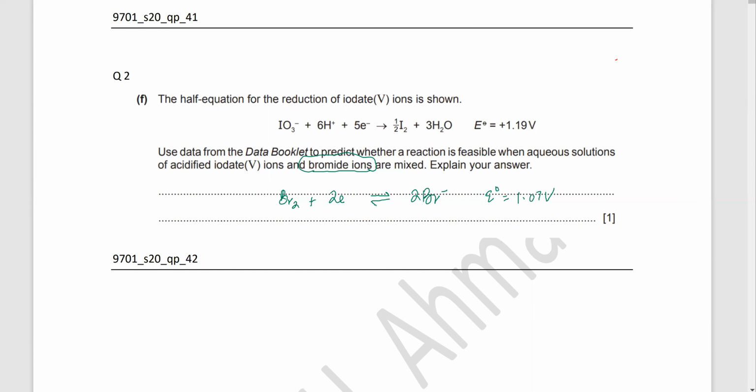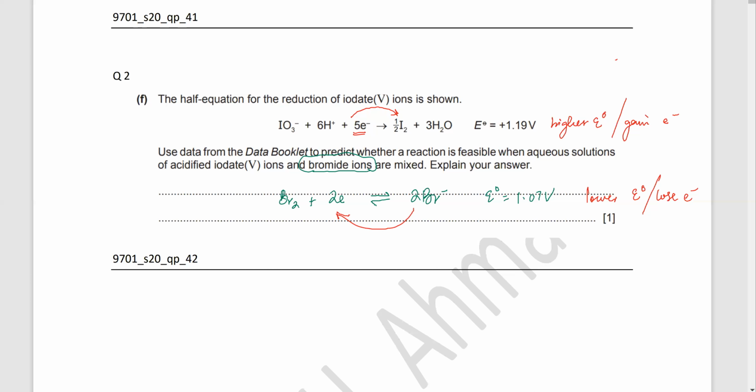This is the higher potential, so it would go in the forward direction. It would gain electrons. So this is your high E0. You can remember in electrochemistry, high E0, they always gain electrons. And this one is your low E0, so it's going to lose electrons and go in the backward direction.